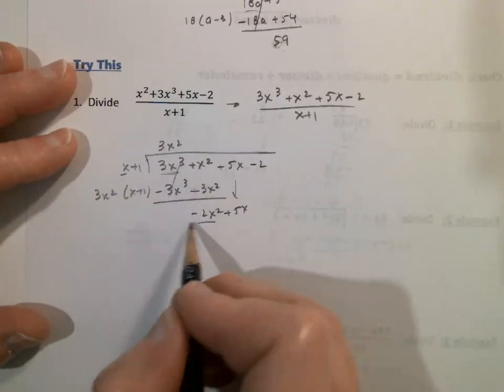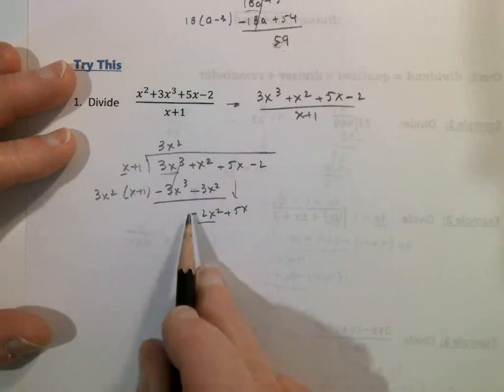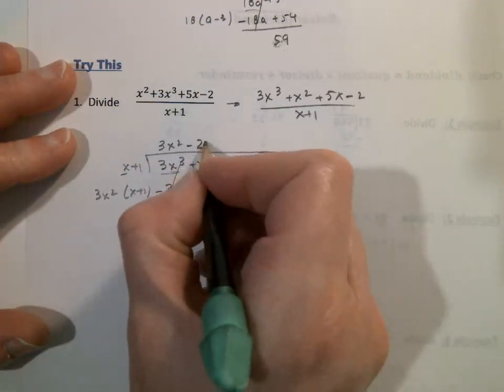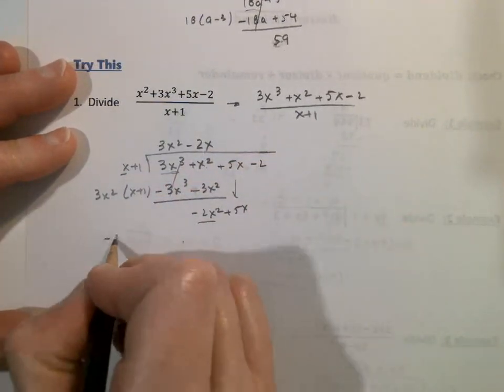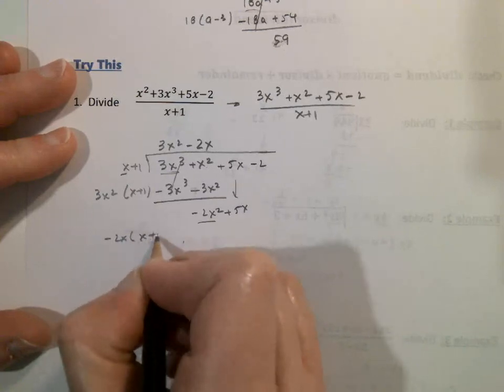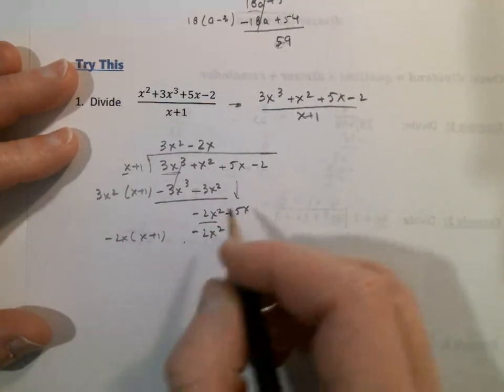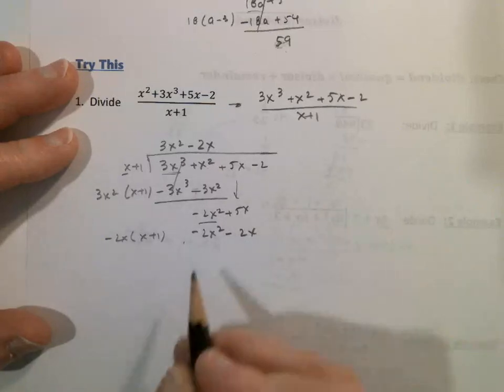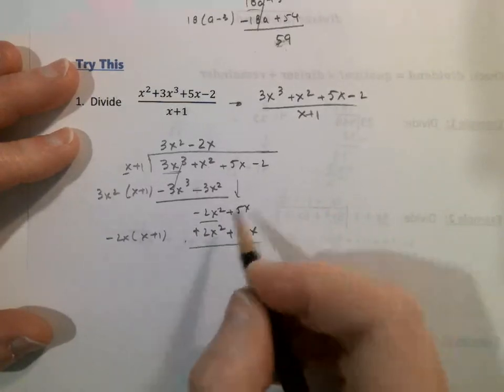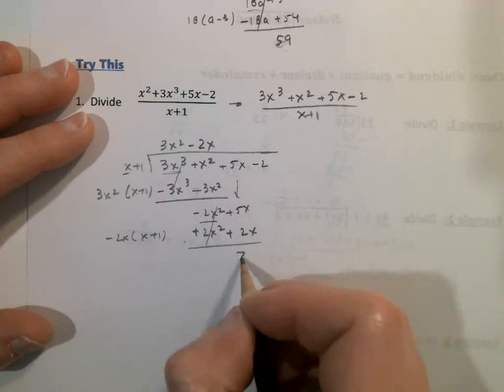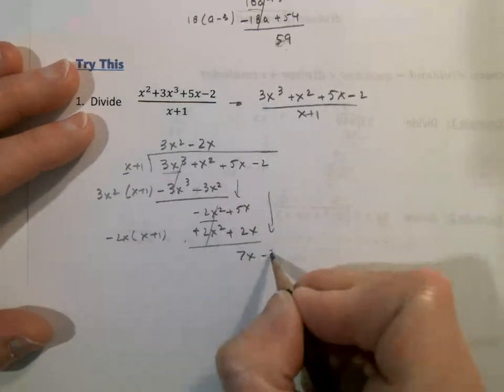And then I say, what would I multiply by x to get negative 2x squared? Well, I'd multiply by negative 2x, so make sure it's minus 2x. So I have minus 2x times x plus 1, and that's going to give me negative 2x squared minus 2x. And because I'm subtracting, I change my signs, so those will cancel out. And I'm left with 7x minus 2.